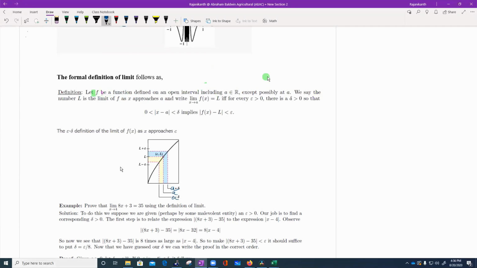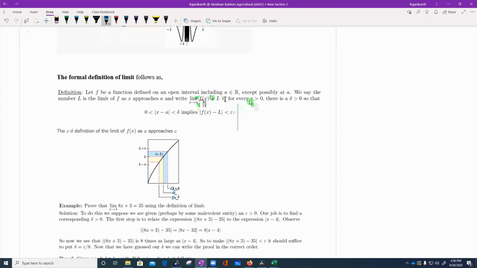We say the number L is the limit of f as x approaches the value A, and we write this notation, which is so well known. We already saw that earlier, right? The limit notation: limit of f(x) when x goes to A is L, if and only if this is true: for every epsilon.